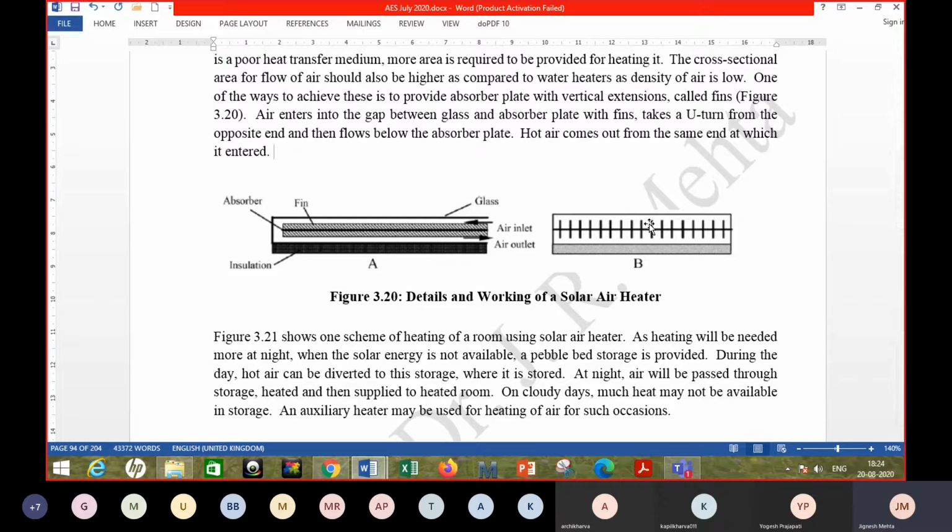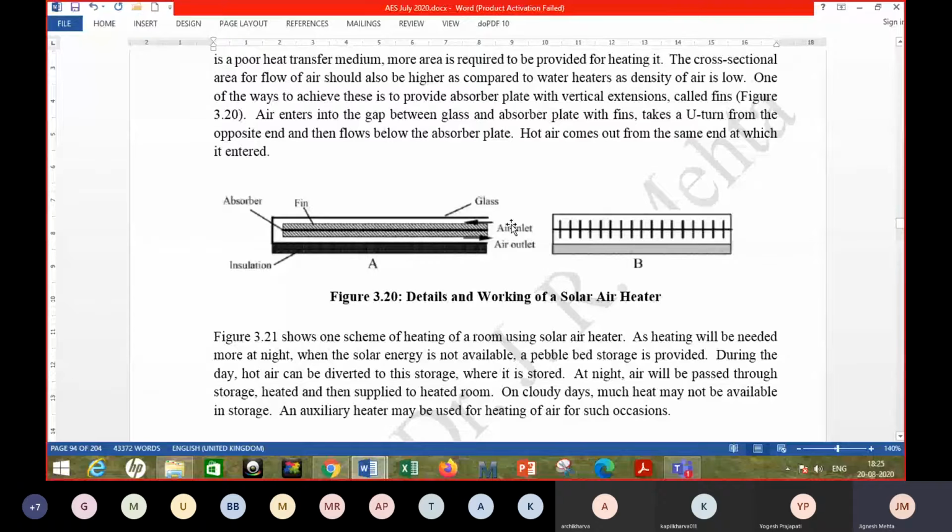Generally when you have high velocities, Reynolds numbers are higher, and you get a higher heat transfer coefficient, but there is a limit to it, and again you cannot allow very high pressure drops. So there is a limit to the extent to which you can provide the velocity of air in a given collector, right?